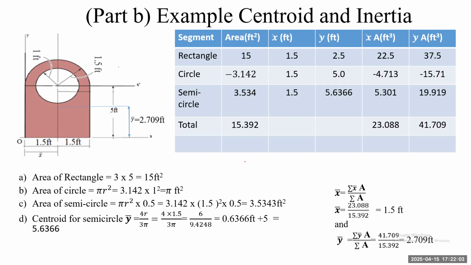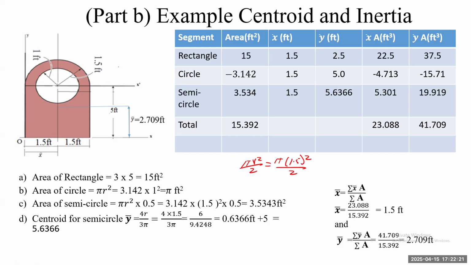The area for the semicircle would be pi r square upon 2, so that will be pi times the radius, 1.5 square, upon 2. What is that? Work it out.